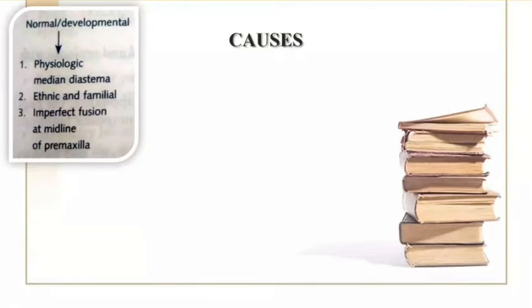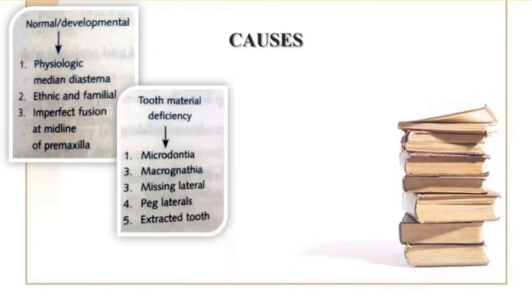The causes: if it is normal or developmental, it can be physiological midline diastema, ethnic and familial, imperfect fusion at midline of premaxilla. If it is a case of tooth material discrepancy, it can be due to microdontia, macrognathia, missing laterals, peg laterals, or extracted tooth.